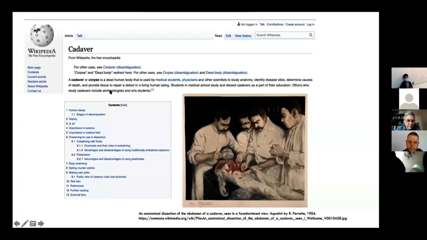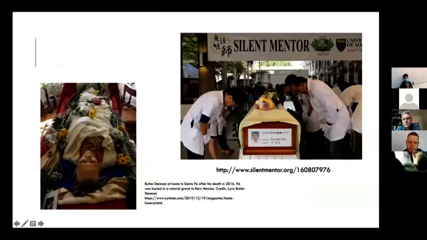But actually most people, that's not the way they treat a cadaver, actually. I don't think any of you will be happy if after you die, you are instantly thrown into the garbage as an object. So all societies and cultures have a very ambiguous relationship to the dead body.